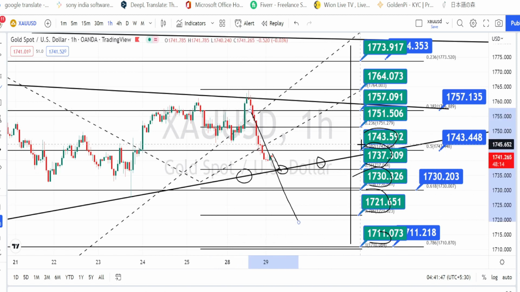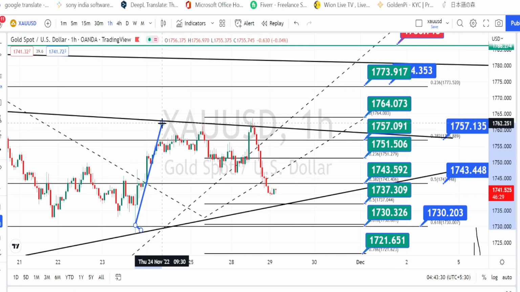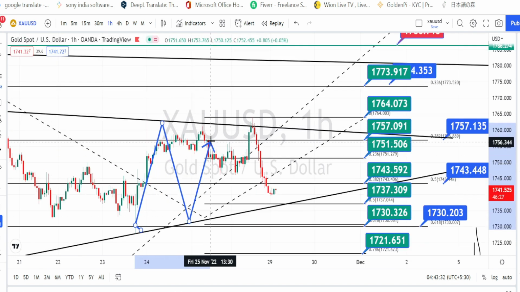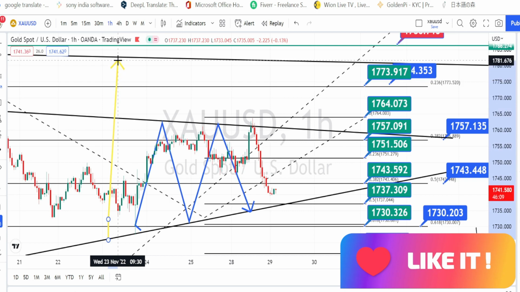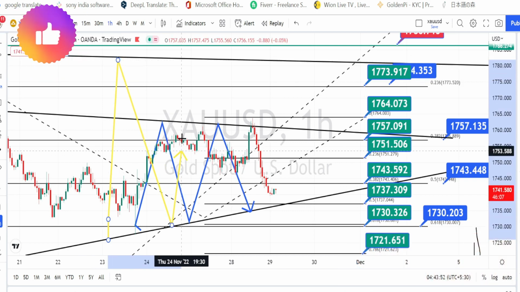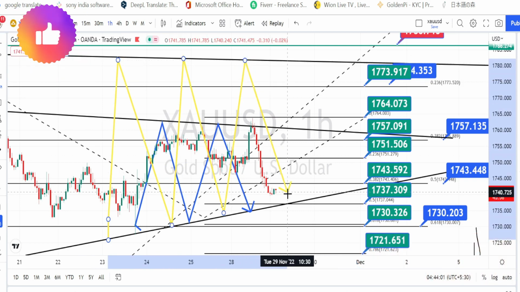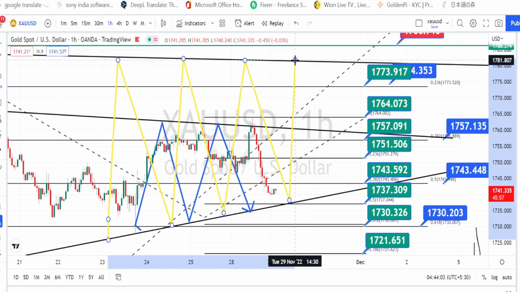And if the price action breaks the resistance level of 1743, next level of resistance it's going to be around 1751, 1757, 1764 and 1773. And currently the price action is consolidating within this symmetric triangle pattern in hourly time frame, and also in 4 hours time frame we are noticing the price action consolidating within this bigger symmetric triangle pattern.